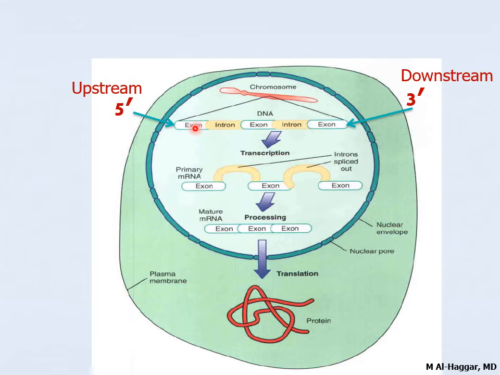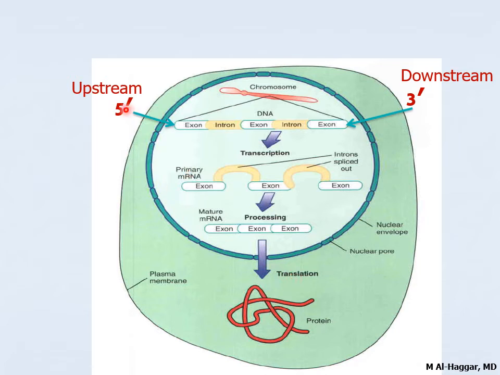The blue segments are called exons, and the introns are the yellow. After transcription, it is changed into the messenger RNA by removing the introns, and this is called splicing out. So the remaining exons are united together to form the messenger RNA. It leaves the nucleus to the cytoplasm, ready for the process of translation.